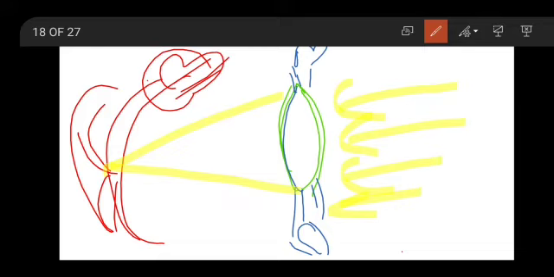If the object is under 6 meters, the lens will bulge out. The suspensory ligament will relax, and the ciliary body will contract. If the object is more than 6 meters away, then the suspensory ligament will contract, and the ciliary body will relax, and the lens will become what? Thin. It will stretch, it will become thin, and we perceive the image. This is for distant vision.